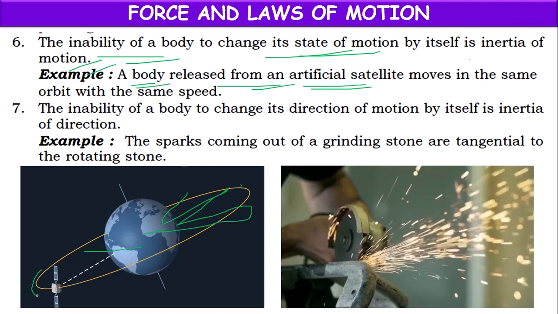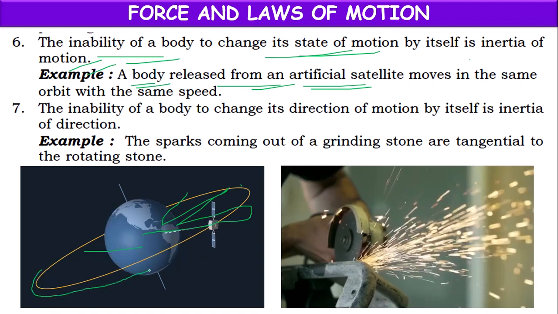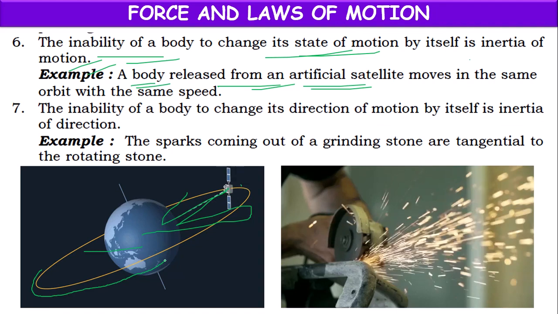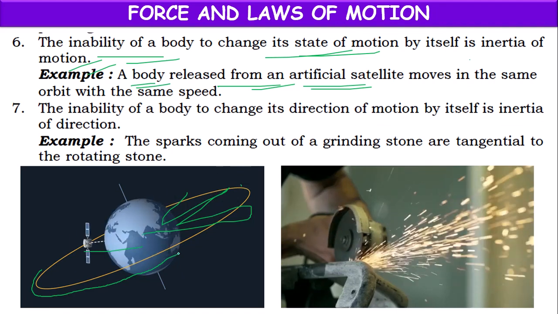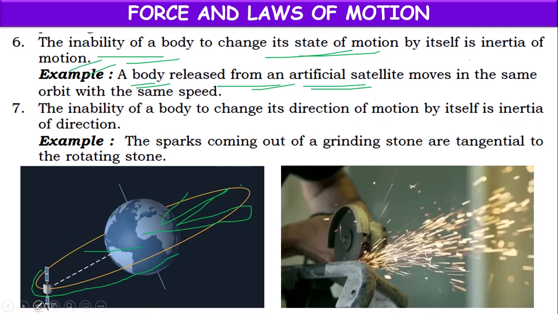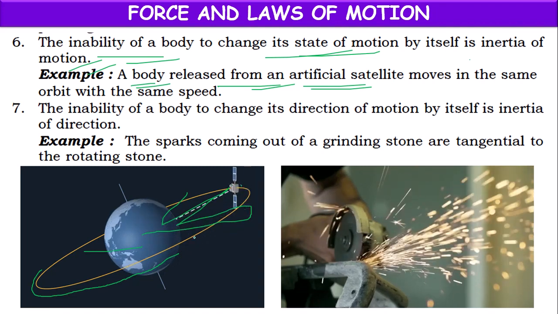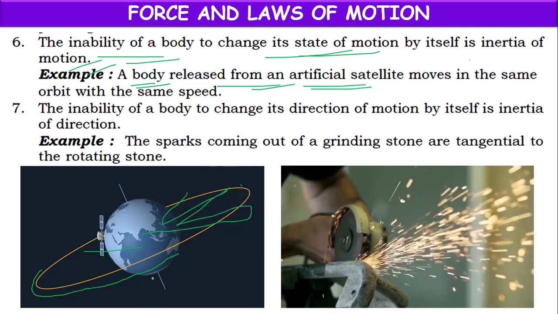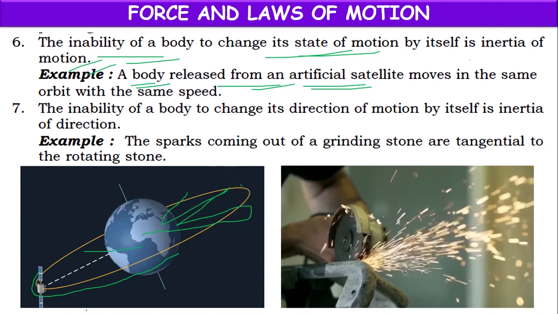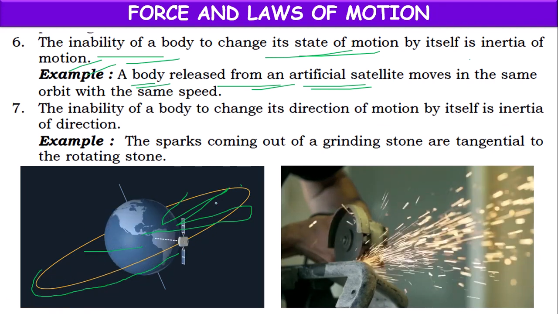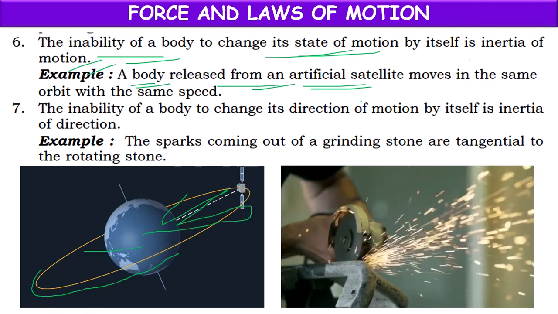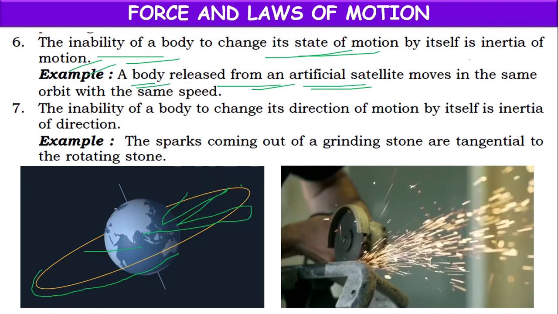It tries to move in the same orbit for some time with the same speed. Why? Because previously it was in motion. It tries to continue the same motion with the same speed for some time. It doesn't want to change its state of motion. So that is called inertia of motion.